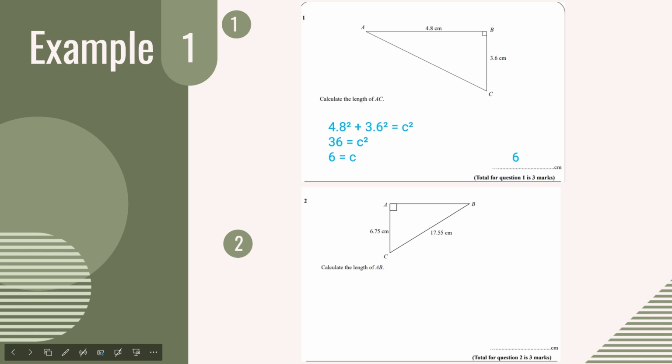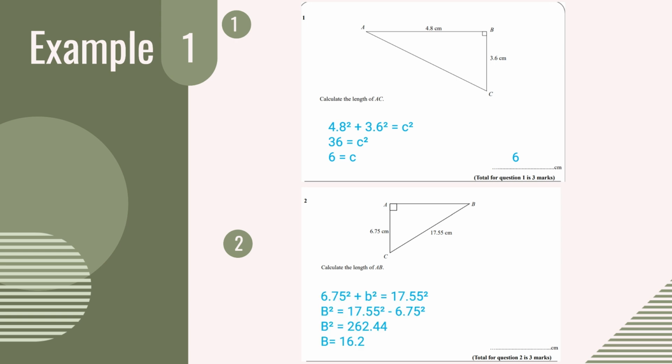In question 2, we are given the lengths of AC, which is 6.75, and CB, which is 17.55. We are asked to calculate the length of AB. As you can see here, we're given our A and our C values for this question, so we must work out our value of B. So, we would write 6.75 squared plus B squared equals 17.55 squared.